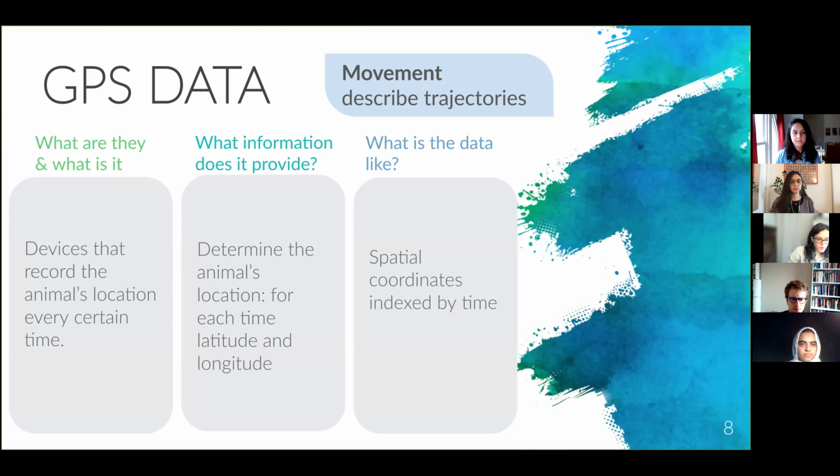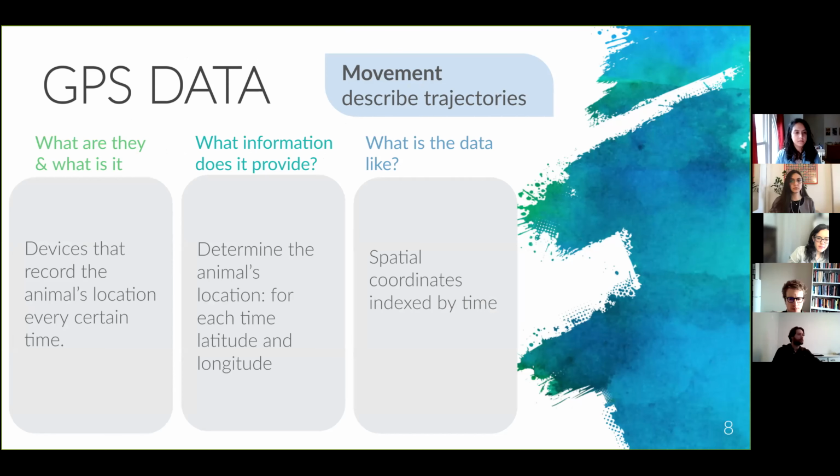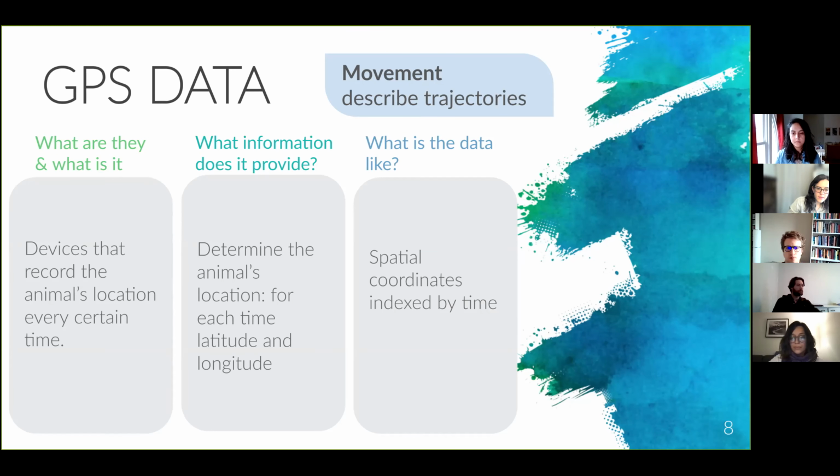They determine the longitude and latitude of every time. So they give us these spatial coordinates. This information, the GPS data, allows us to describe different trajectories of the animals. And it's really common that this information comes with some error, something that maybe it's necessary to be aware of when we analyze the data.